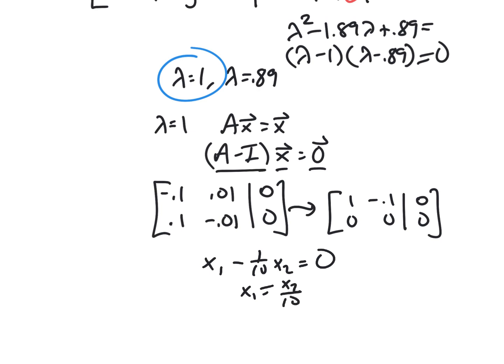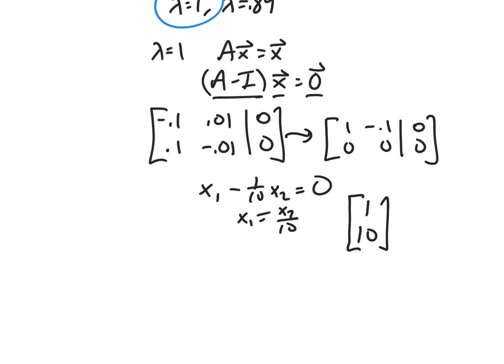So you can just pick anything that works there. For eigenvectors, any scalar multiple of it will still be an eigenvector. So in this case, I'm just going to pick one that's kind of easy. I want my first entry to be 1/10 of the second. So let's do 1, 10. Okay, so what's the steady state?